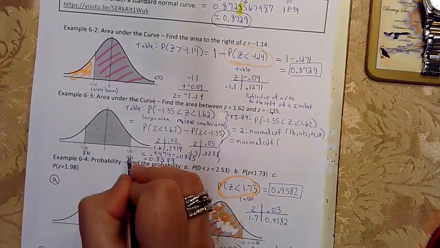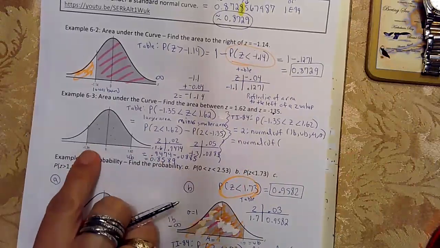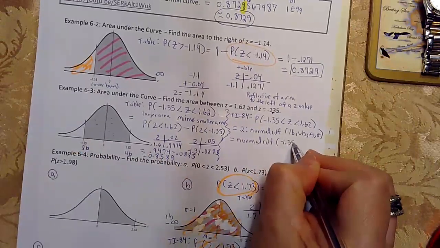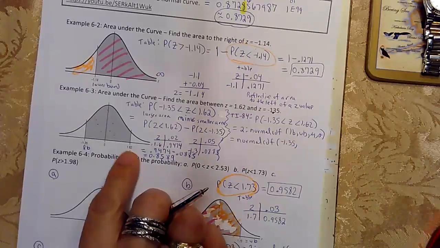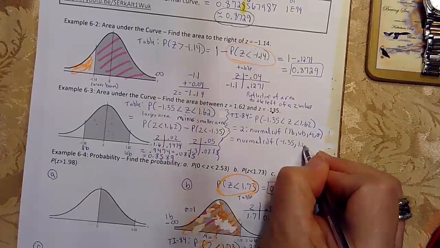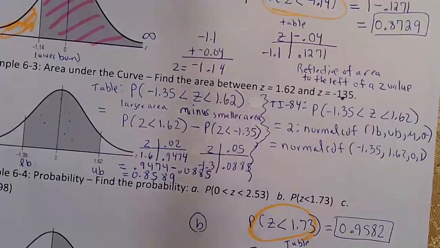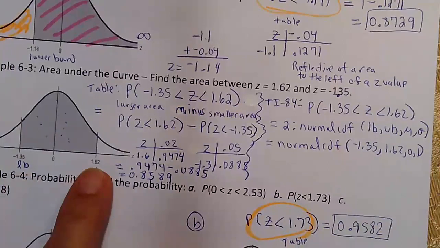This one doesn't have any infinities. You don't always have an infinity. The lower bound is negative 1.35, and the upper bound is 1.62. And mu is 0 and sigma is 1.